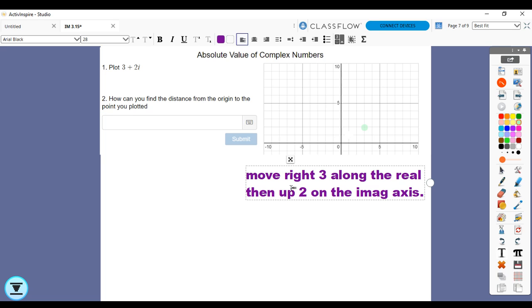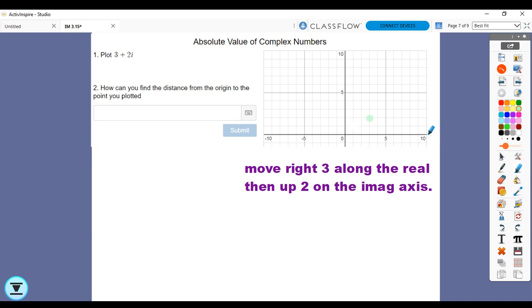That would be your best explanation for your graphs because you need to identify that this axis here is the real axis, it's not the x anymore. When we're talking about complex numbers, the real takes the place of the x and the imaginary takes the place of the y. Okay.